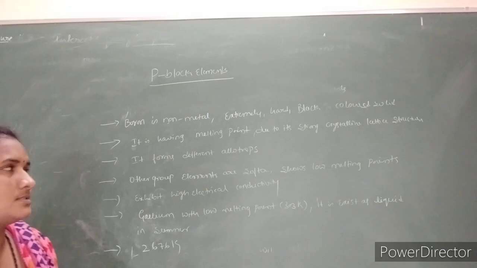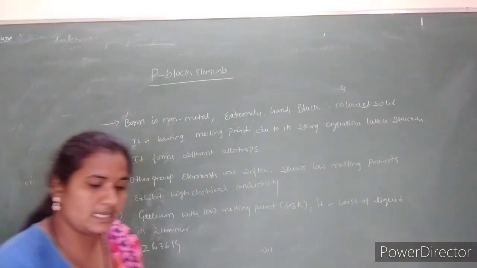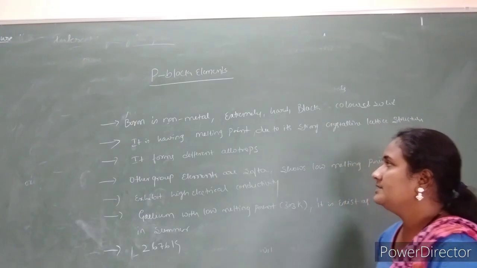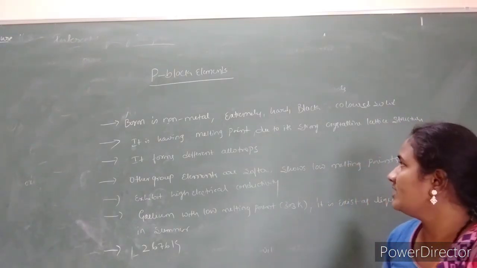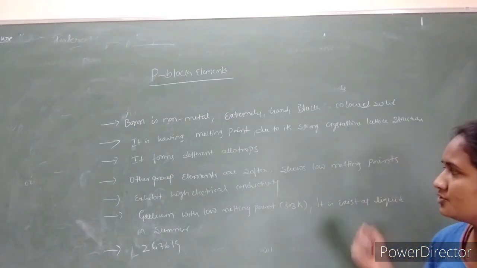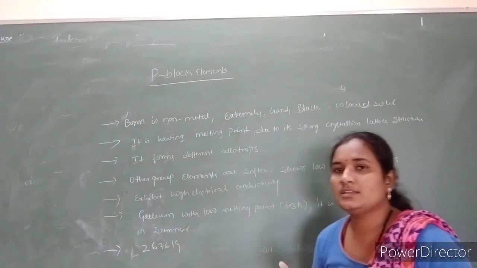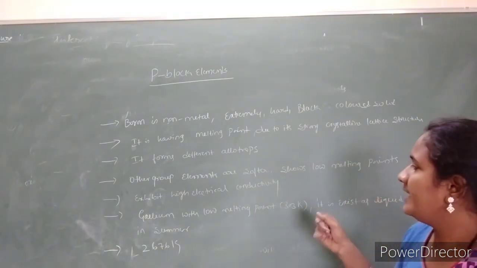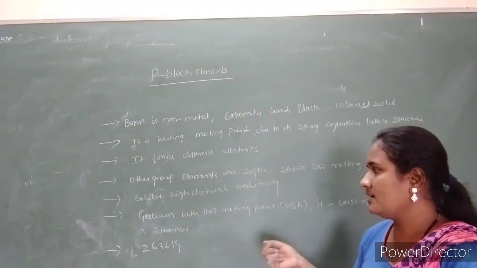So boron is a non-metal and it is the harder one, and it exists in a black color crystalline form, and it has a high melting point, and it also forms different allotropes. The rest of the other group elements are softer in nature and show low melting points, and they exhibit high electrical conductivity.